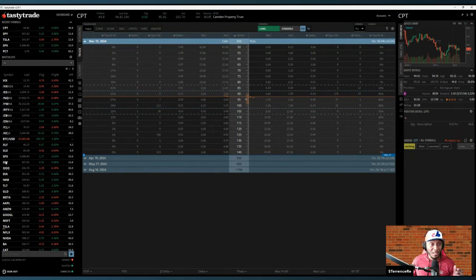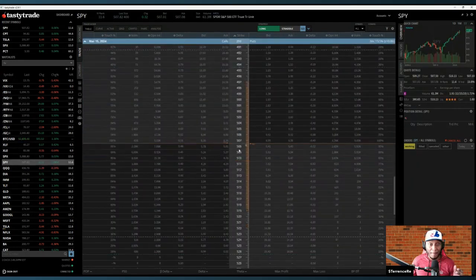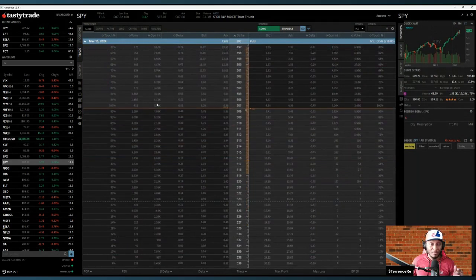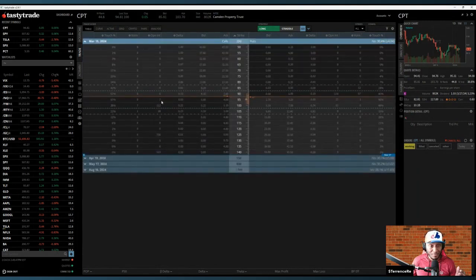Let's go back to the SPY again. Same, we go to the monthly. 510,000 on open interest. Let's go back to CPT. Open interest, 7. 7 open contracts.